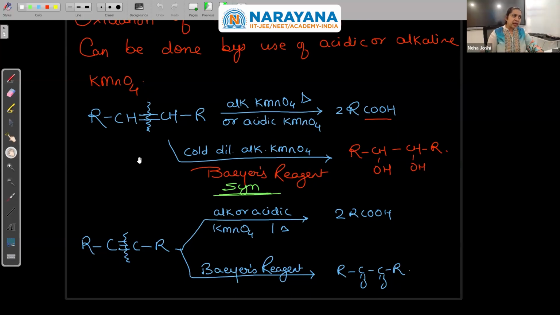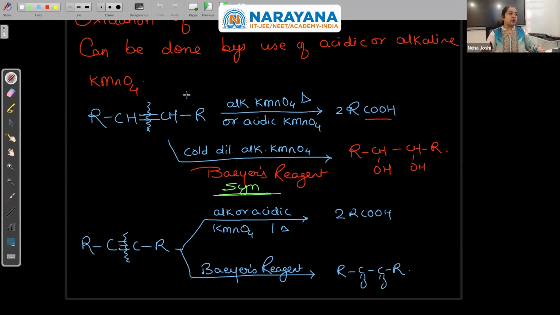Oxidation of alkenes and alkynes is a very easy oxidation if you have alkaline KMnO4 or acidic KMnO4, which breaks them and converts them to acid. Okay, alkaline KMnO4 with heat, acidic KMnO4 with heat, or hot concentrated K2Cr2O7 conditions, then it breaks. But if you are given cold dilute alkaline KMnO4, then it is called Baeyer's reagent, and you have controlled oxidation to vicinal diol.